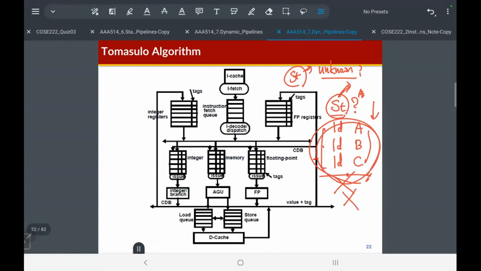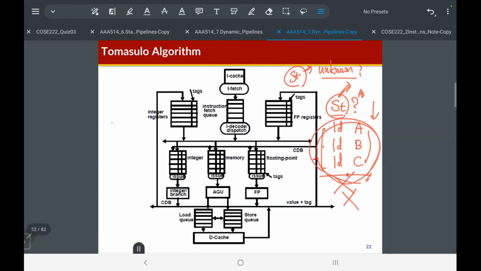It's a very conservative approach, but we need to follow it because, with a very low probability, the store address may be the same as the following load address. If the load accesses the data cache earlier than the store, it may get incorrect data. So the load instruction cannot be executed.